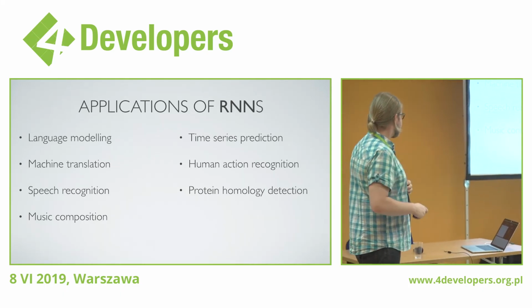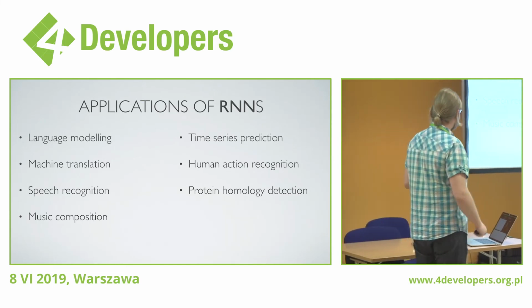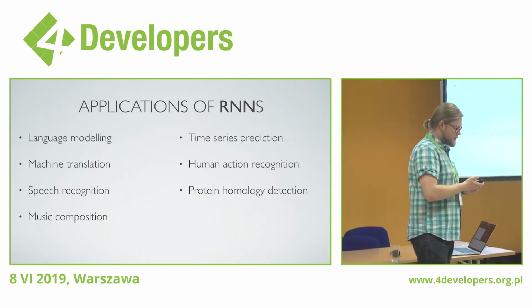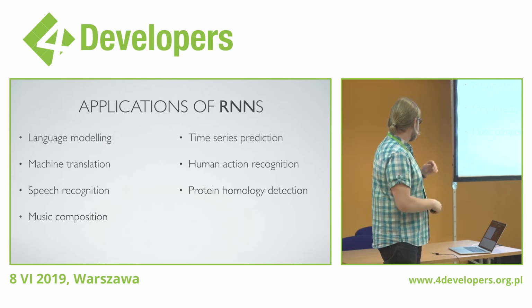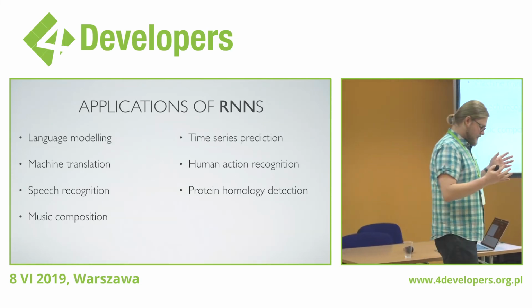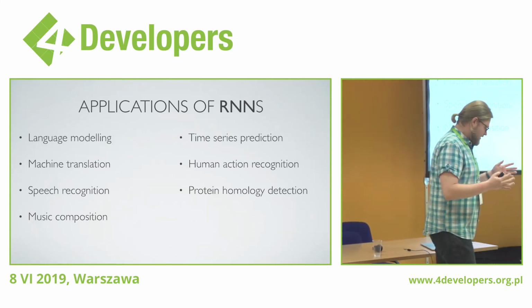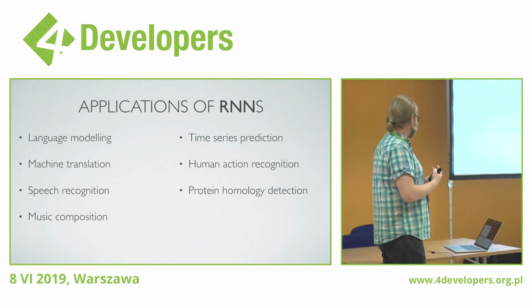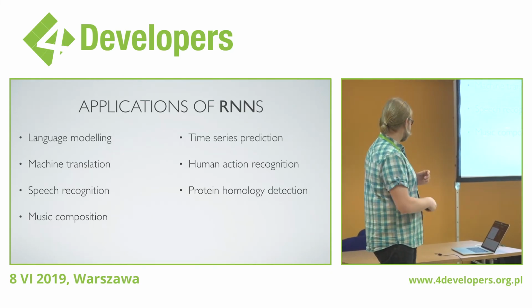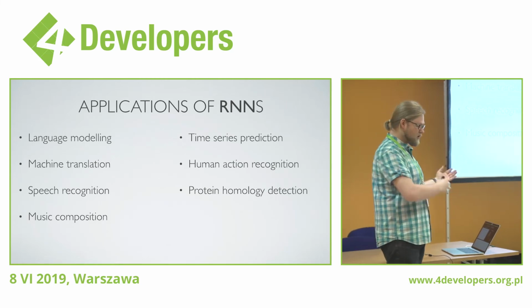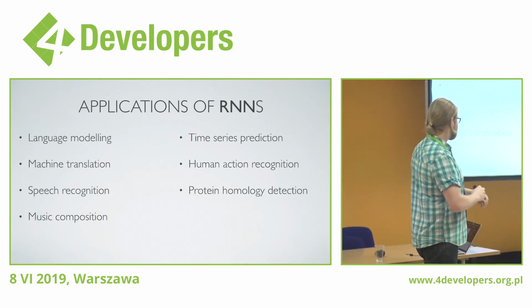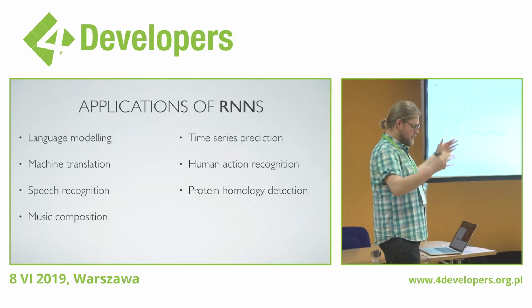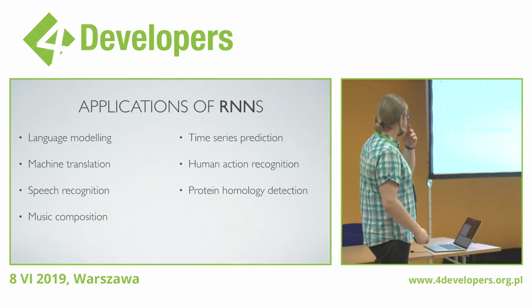So language modeling and machine translation I already spoke about. They're also used in speech recognition. If you've seen the surprising ability of artificial intelligence to produce music or music composition, that's also based on RNNs, which are taught on music as the input sequences.